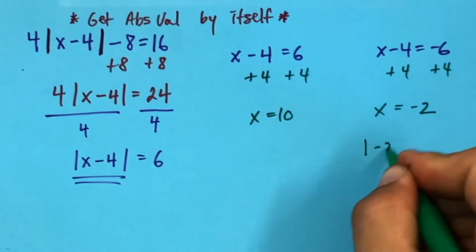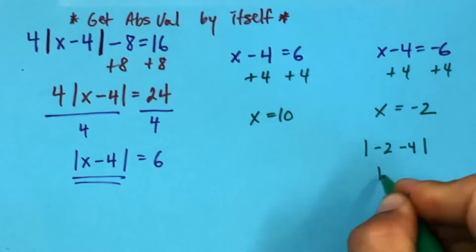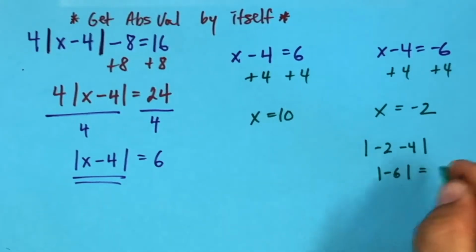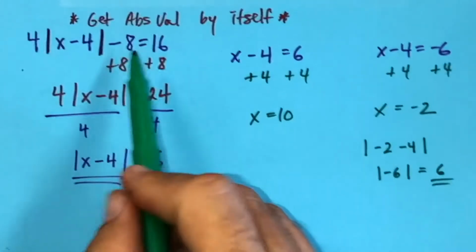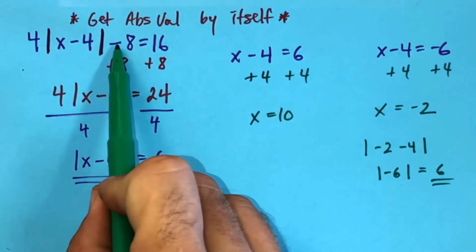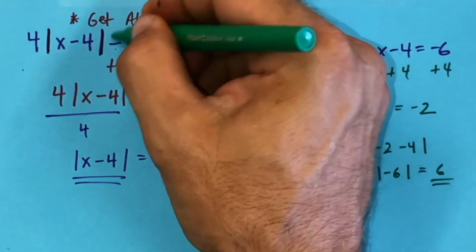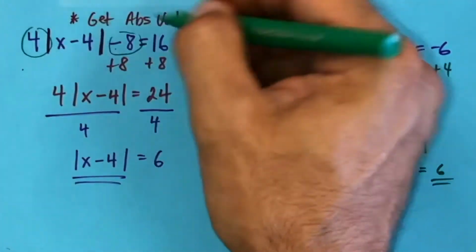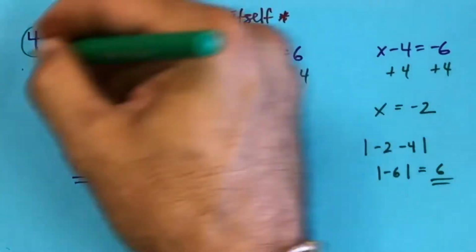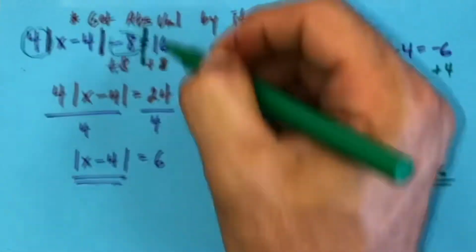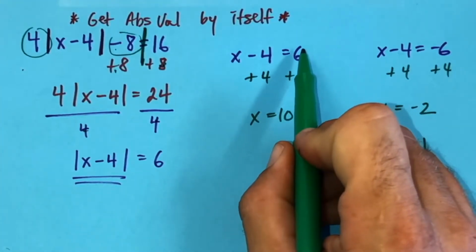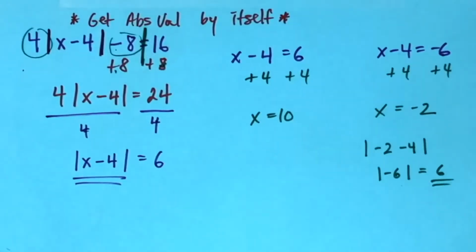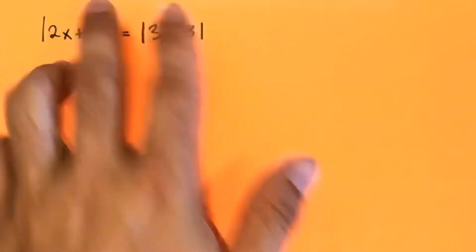For instance, negative 2 minus 4 is negative 6, and the absolute value of negative 6 is 6. So I could check my answers. Remember, when you're given terms outside the absolute value, move those first, and then split the equation into equal to 6 and equal to negative 6.